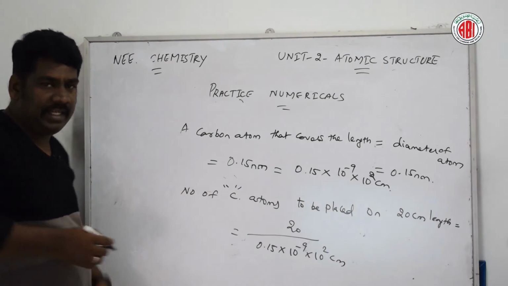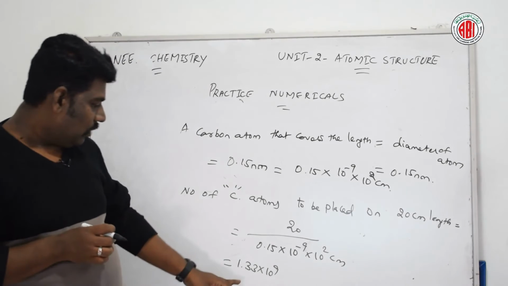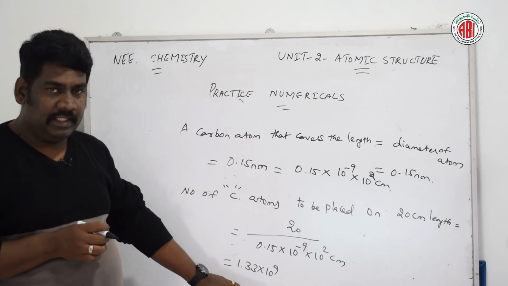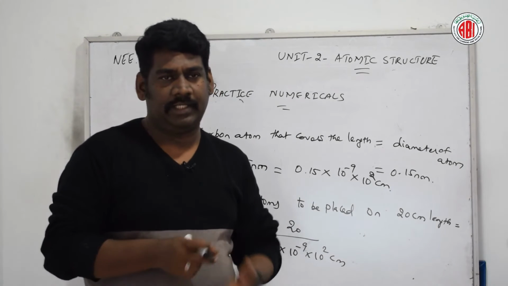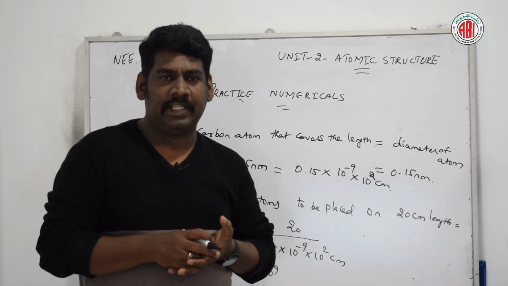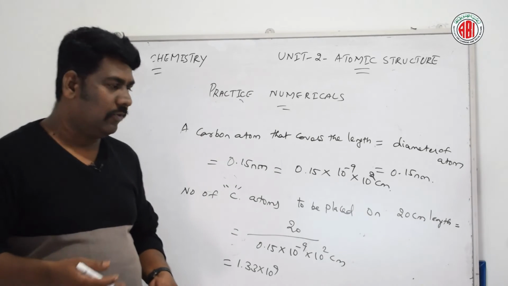Simplifying this, we get 1.33 into 10 to the power of 9. So this is the number of carbon atoms that can be placed. So by this way we can solve this problem. Let us go for the next question.